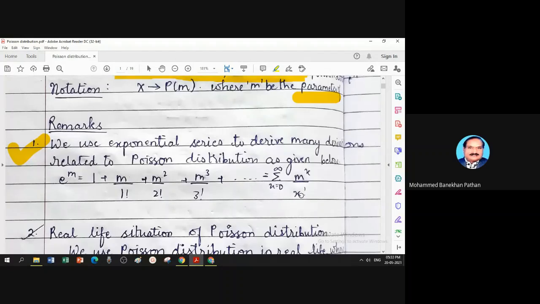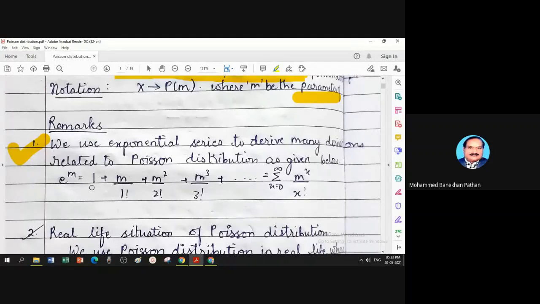If it is like this, answer of this series, answer of this sum is e raised to this constant, that is e raised to m. For example, I replace m equal to 2. So 2 raised to x divided by factorial x, summation start 0 to infinity, answer will be e raised to 2.